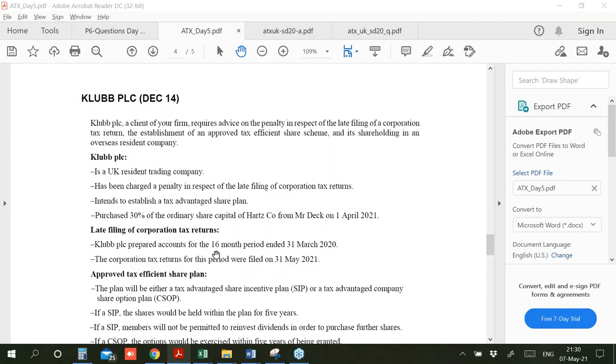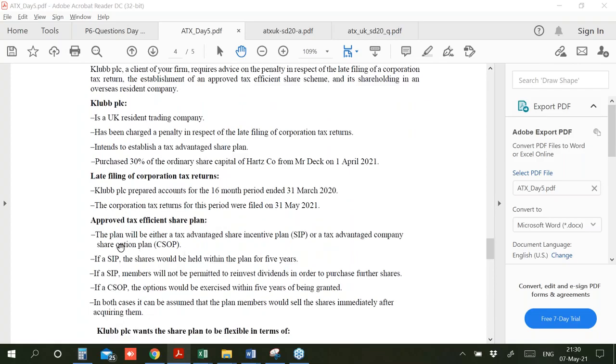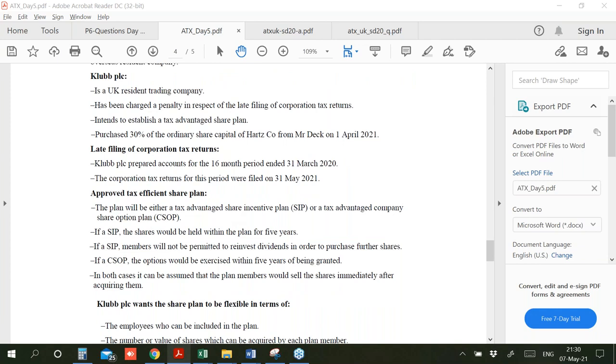So let's move on to the second part. Approved tax efficient plan. The plan will either be a tax advantaged share incentive plan or the tax advantaged share option plan. If a SIP, the shares would be held within the plan for 5 years.